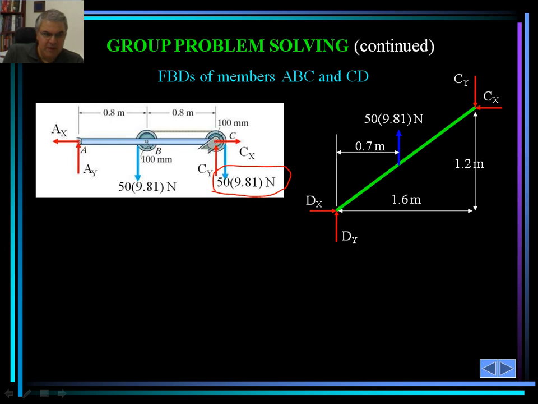the force. So that's due to the 50 kilogram cylinder. We need to multiply that by the acceleration of gravity, 9.81, to be able to calculate the forces in Newton. Also, there would be another one.